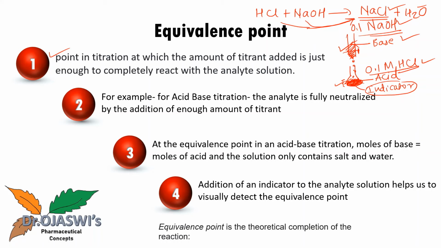I will not understand whether this reaction is completed or not, and to understand that, these indicators help us. So in simple words, the equivalence point is the theoretical completion of the reaction.